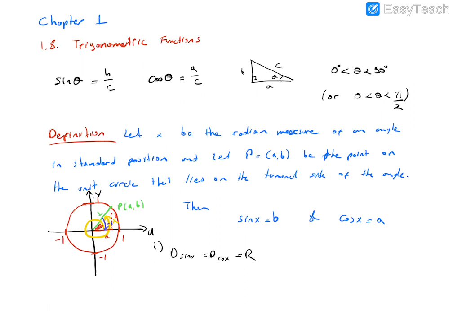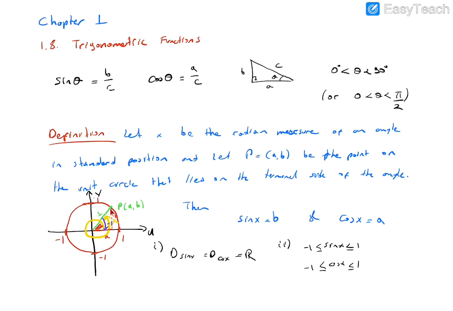This is another property. Sine x is between -1 and 1, cosine x is between -1 and 1. Because P lies on the unit circle, a square plus b square equals 1.